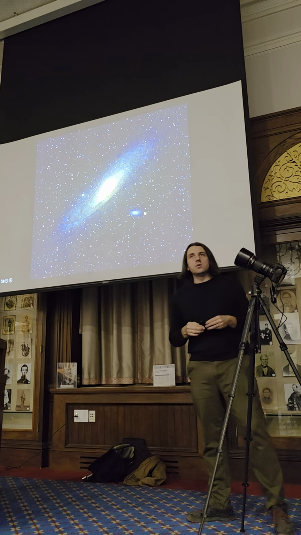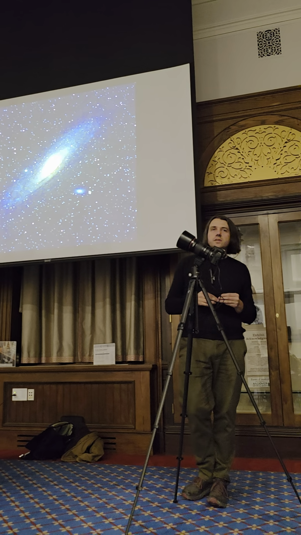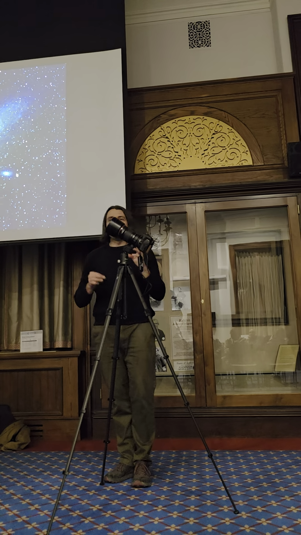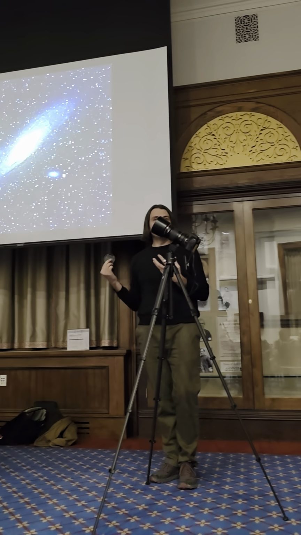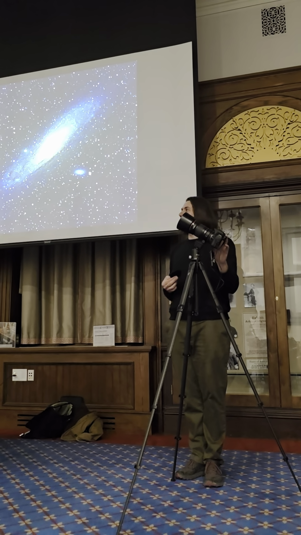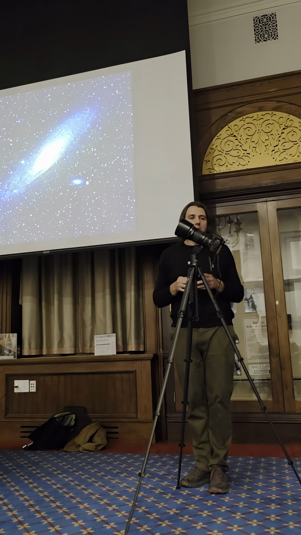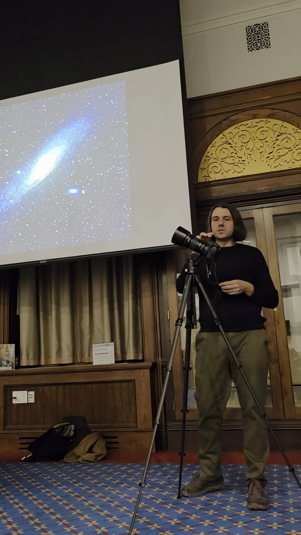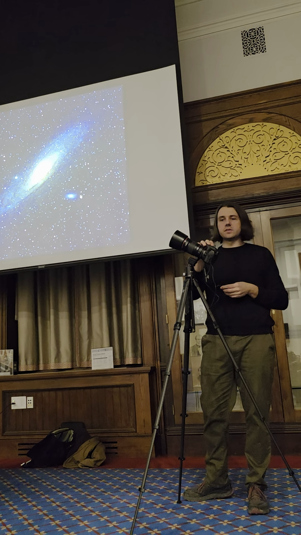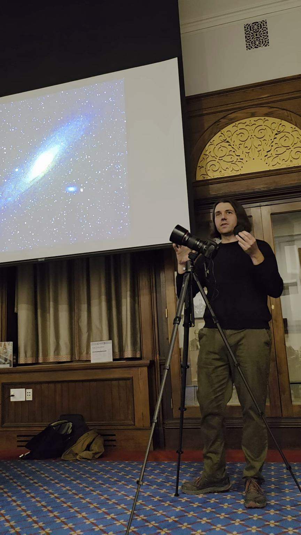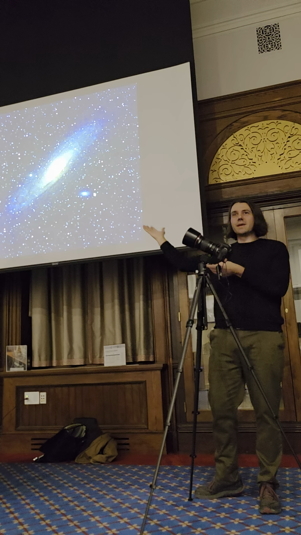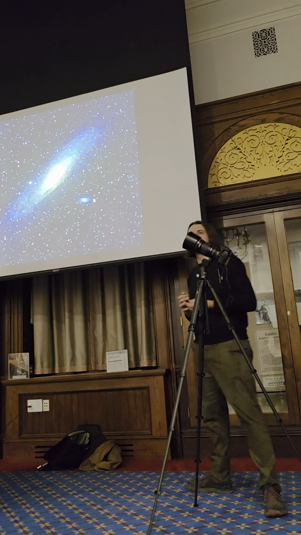You also don't need the newest camera for this. If you do have a newer camera, it'll probably have lower noise, and that will be an advantage. But if you have an older camera, they work just as well. When I'm doing this for YouTube, I always just use Canon entry-level DSLRs, like the cheapest DSLR, because I feel like it's a good base level expectation for what you can get.